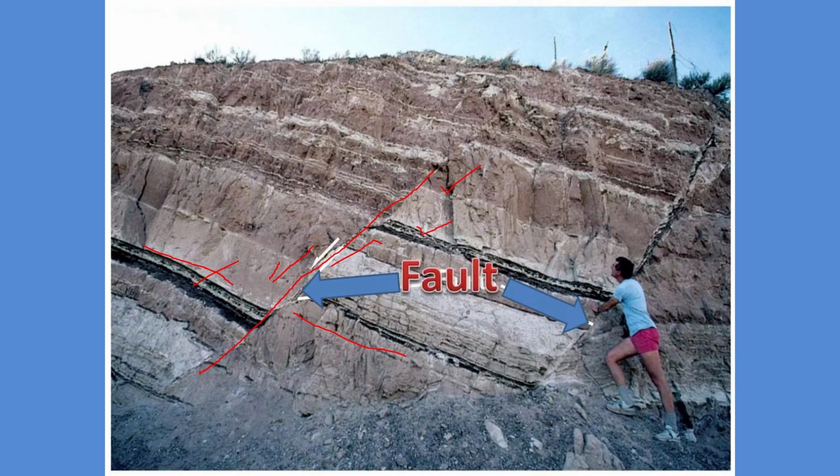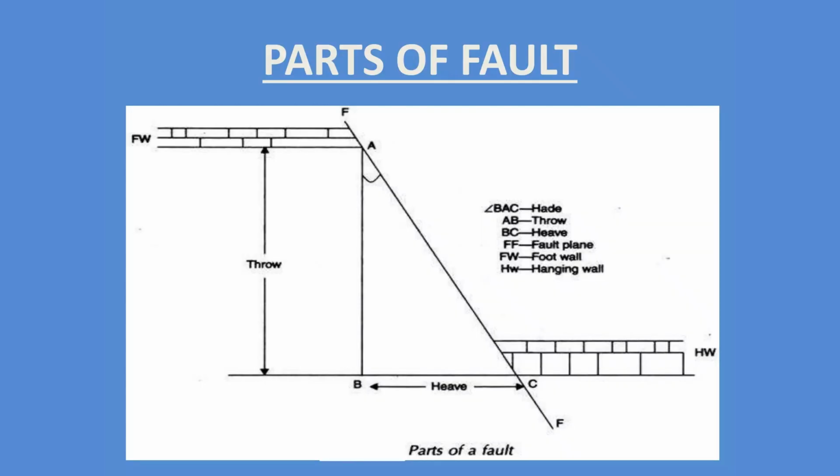So what are the components of the fault? Faults have two components, throw and heave. Throw is the vertical component of the displacement. Suppose this is the bedding, this is the FW and this is the HW. HW stands for hanging wall, and FW stands for foot wall.